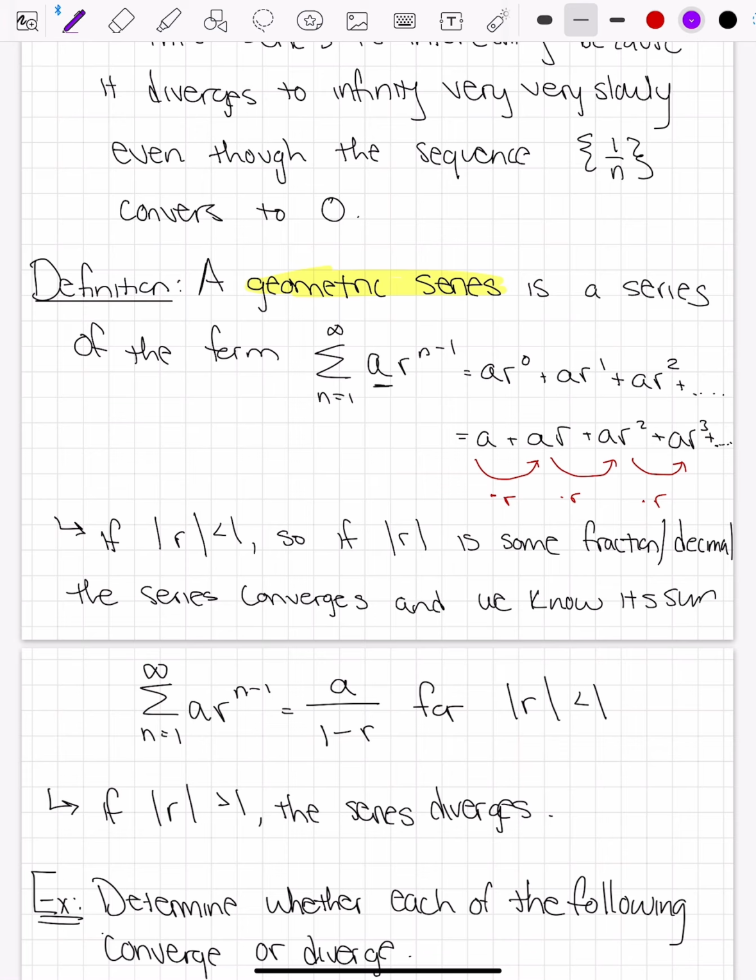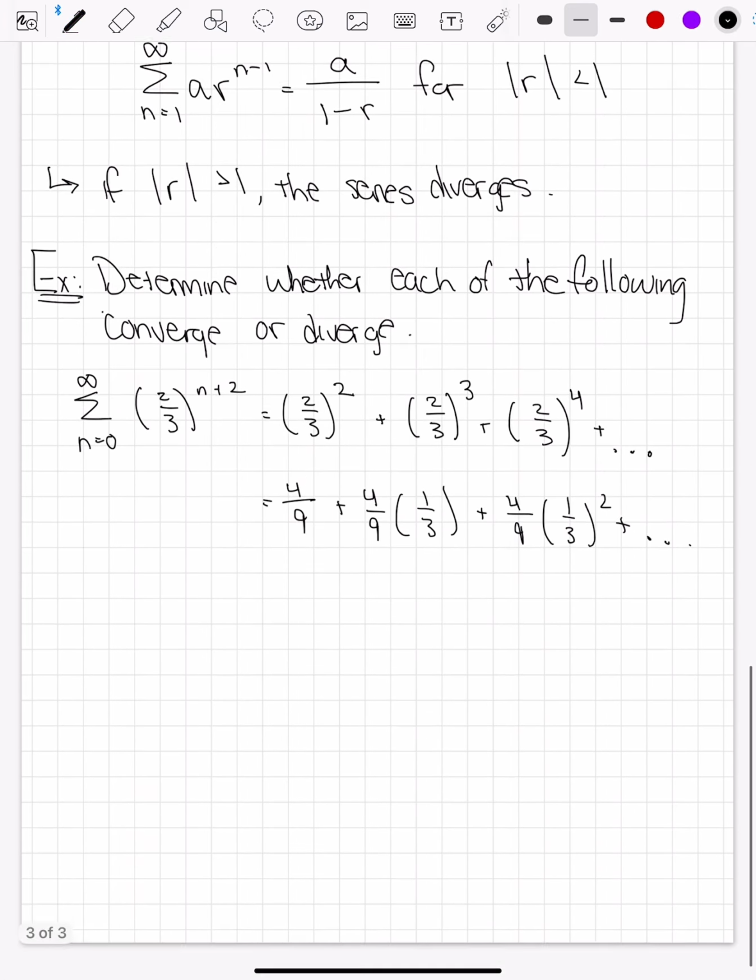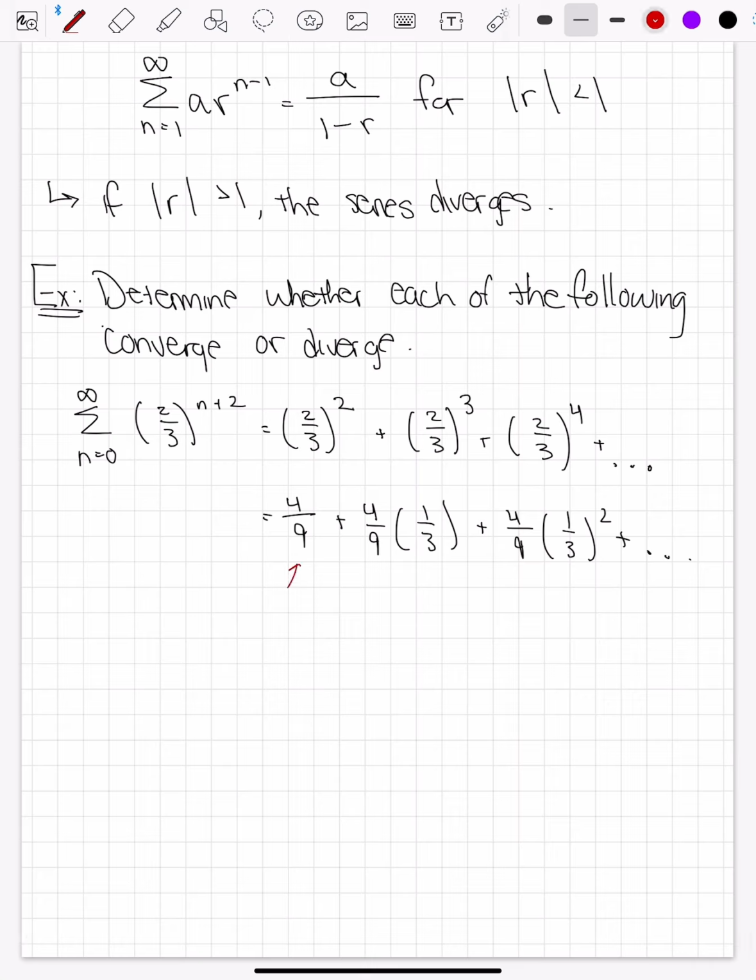So that's what we try to figure out. When we look at this example, we can see that we have the 4/9 in front each time. That's going to be our a, and then what's being multiplied each time is the 1/3. So that's our r then. The thing we multiply by each time is our r.